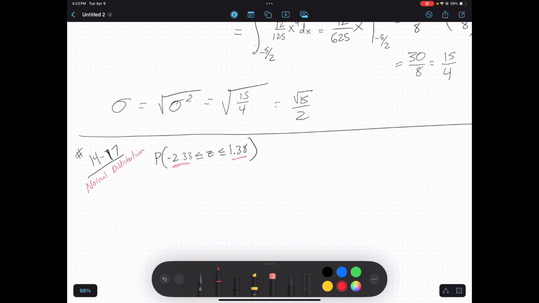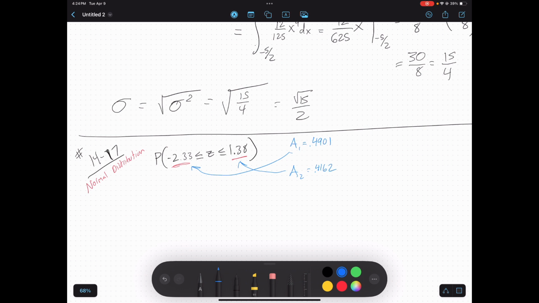Okay. Once you have both of those values, I'm going to get the area of 0.4901 for this z-score, and for this z-score, I get the area of 0.4162.